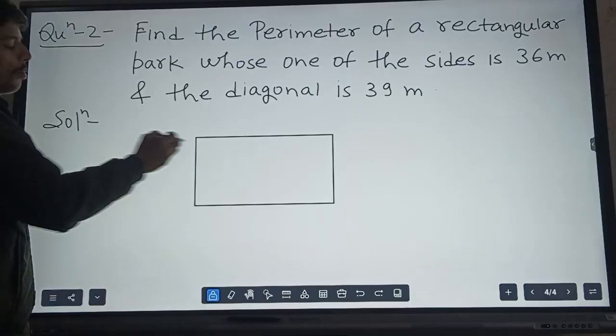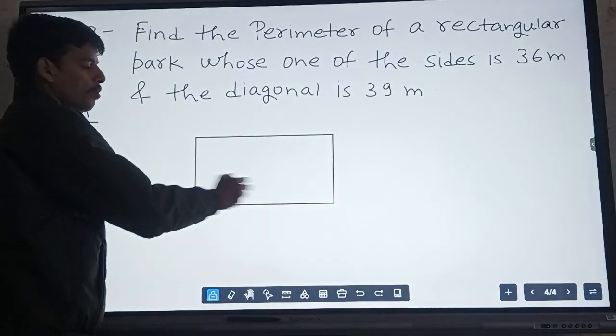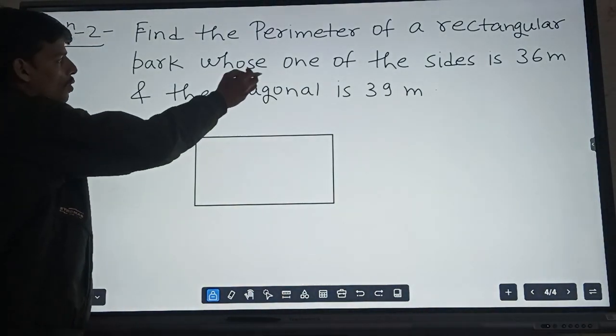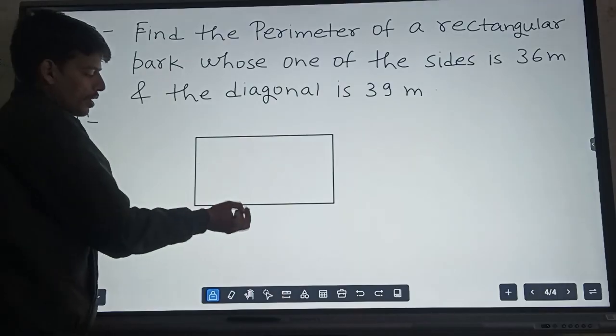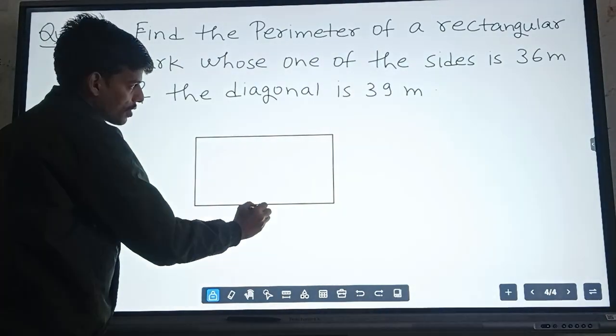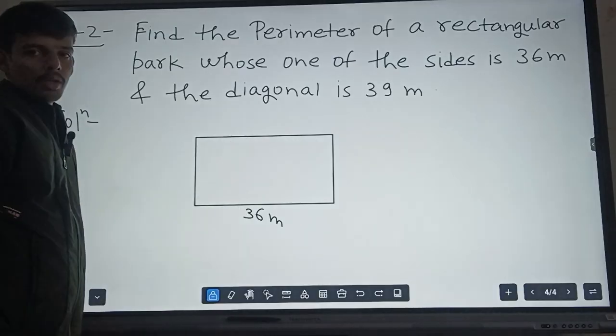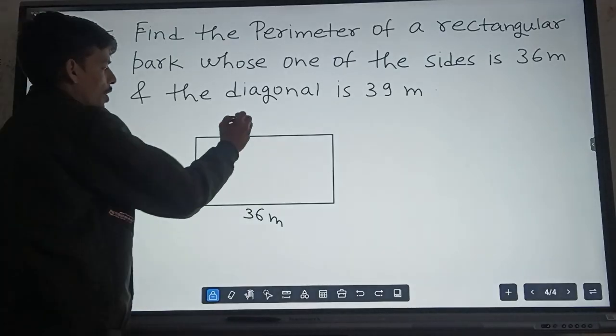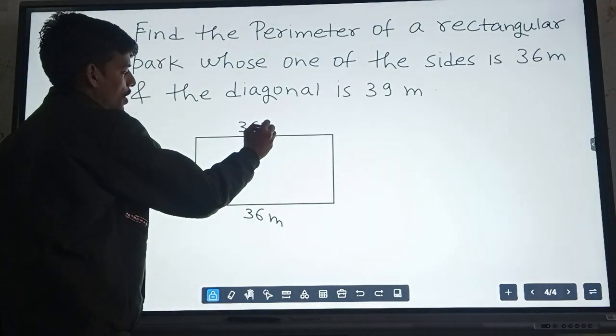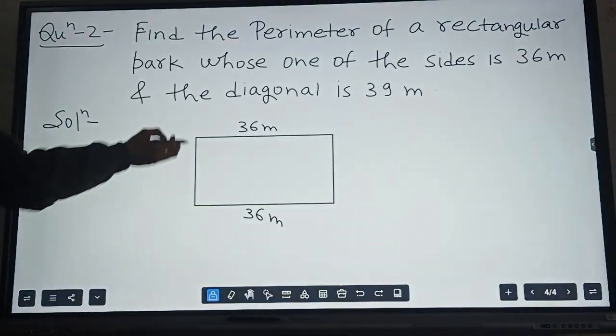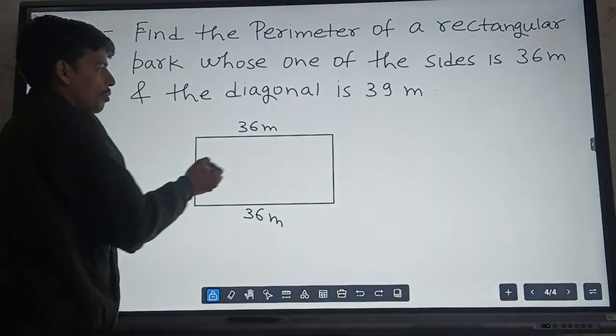Perimeter means the sum of the boundary. One of the sides is 36 meter, and we know that the parallel sides of a rectangle are equal, so this is also 36, and the diagonal is 39 meter.